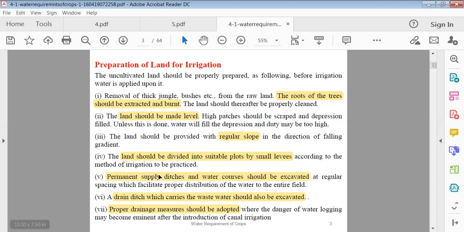Permanent supply ditches and water courses should be excavated so that there is proper distribution of water to the entire field, and the drain ditches which carry the wastewater should also be excavated and checked at regular intervals. There should be proper drainage measures so that waterlogging does not occur after the introduction of canal irrigation.